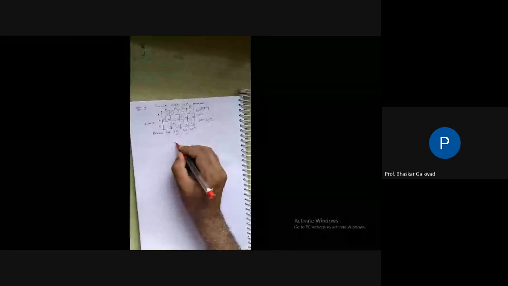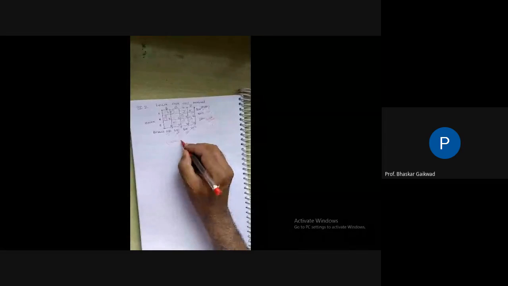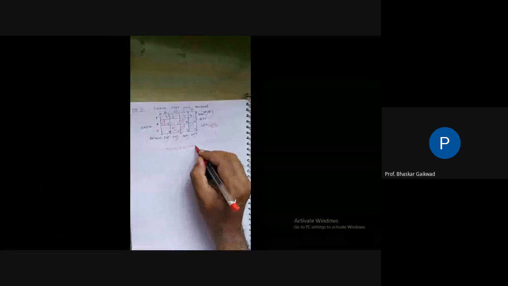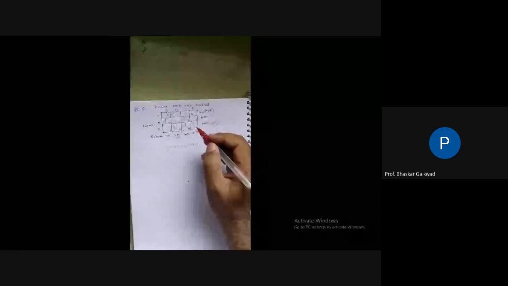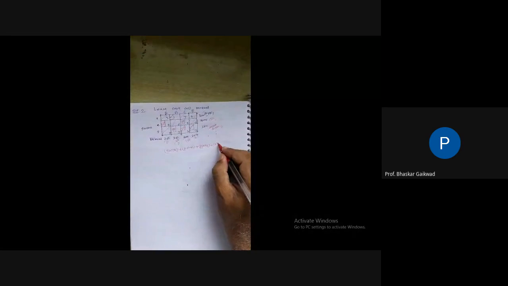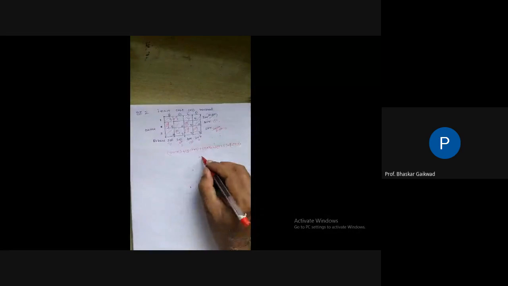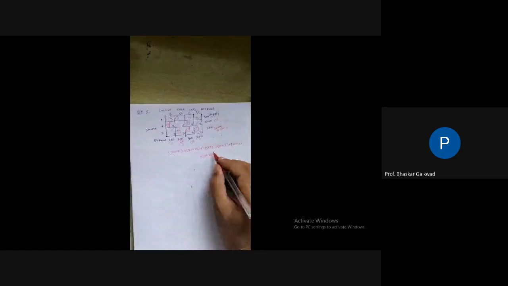After this, here it is 300 into 1 plus 250 into 2 plus 150 into 5, then 50 into 3 plus 250 into 3 plus 200 into 2.